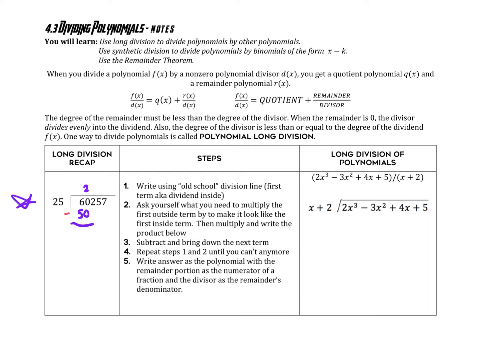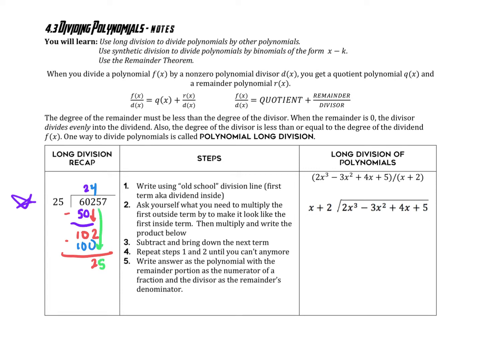And then once we're here, what we do with these two numbers is we subtract them to get 12. And then we bring the next digit down, and we ask ourselves, how many times does 25 go into 125? Well, 25 goes into 100 4 times, which is 100, and then again we subtract. That's going to give us 2, and we bring the next number down.